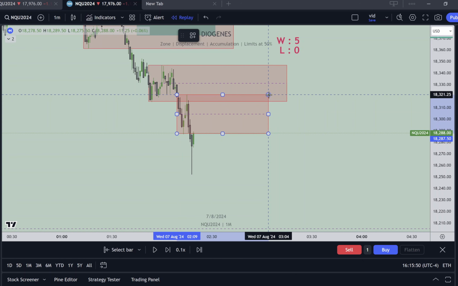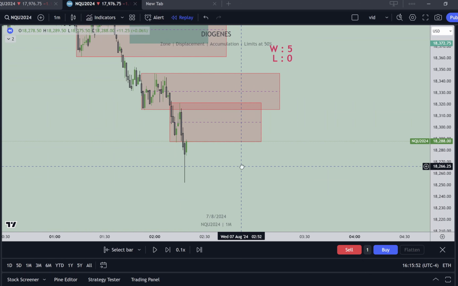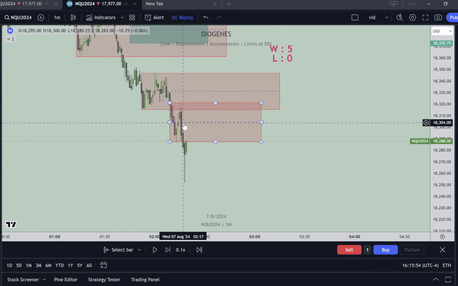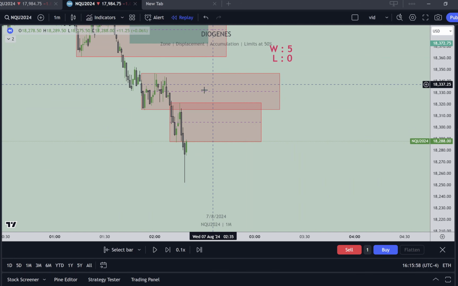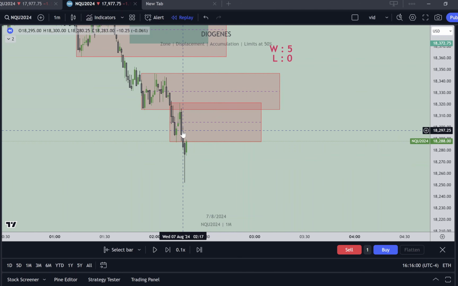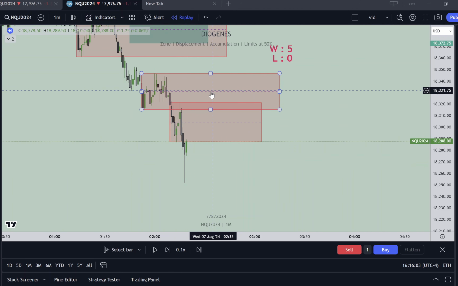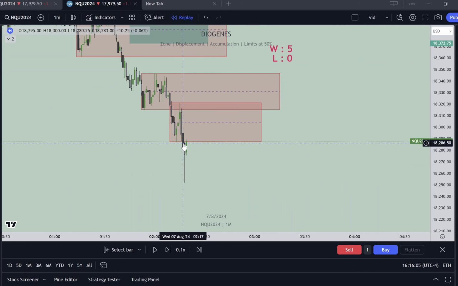This is now my new trade. But my rule here, whenever I have a zone unmitigated just above a new zone, I don't take this trade, but take this one. So that's our rule.